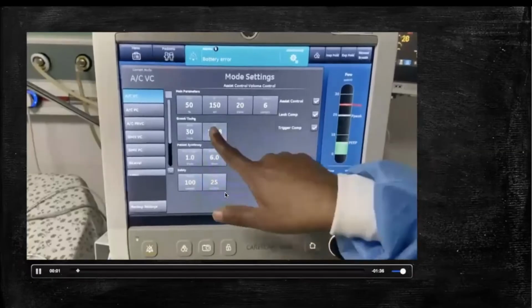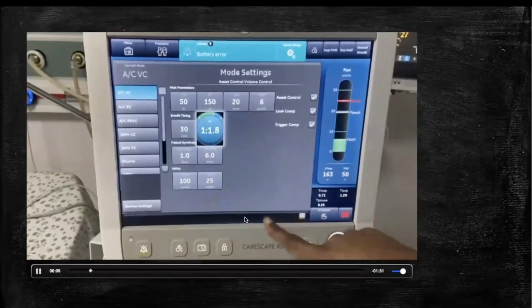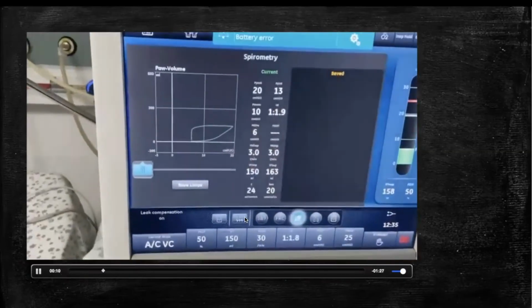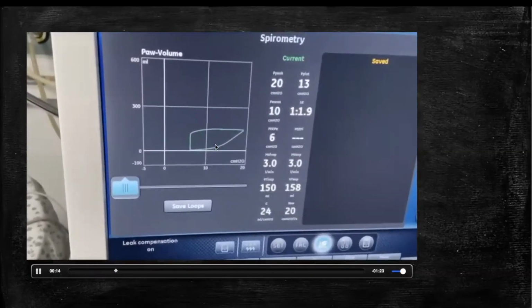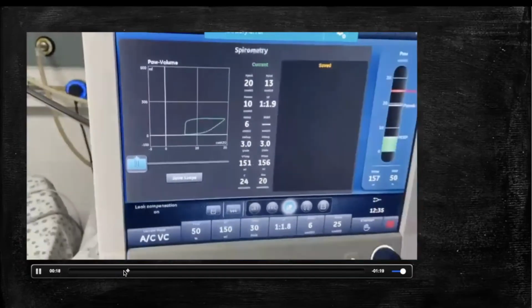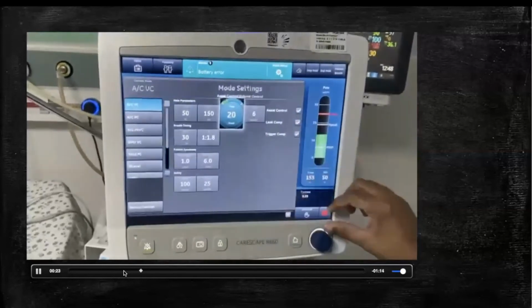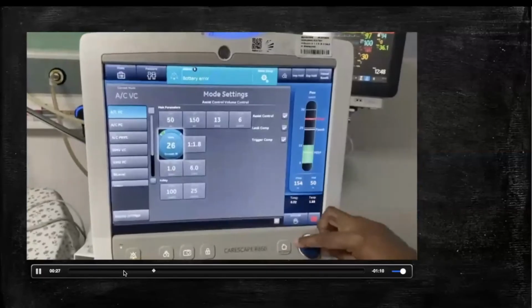So in this particular situation, we are measuring the PV loop normally. This is a normal PV loop at a certain PEEP. Here the PEEP is 6, and you can see some lower inflection point in this situation. Now a low flow will be created, so the flow is reduced and the respiratory rate is reduced.